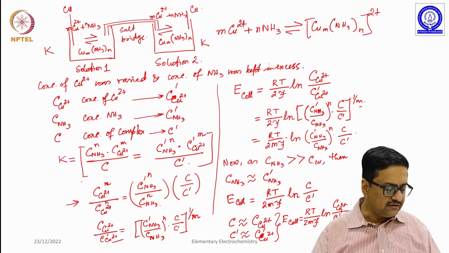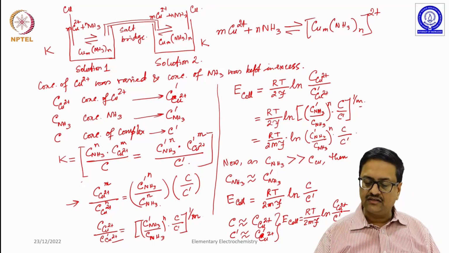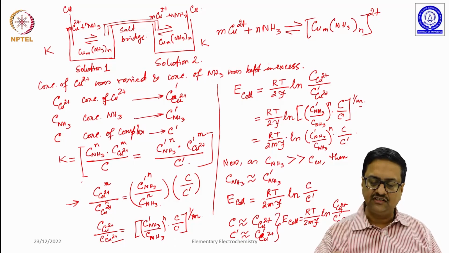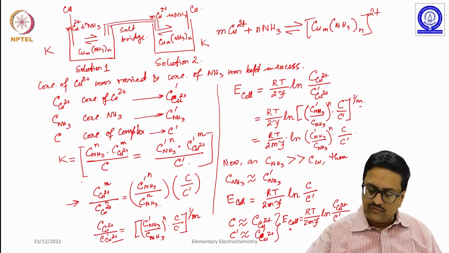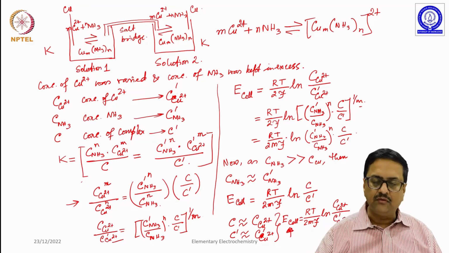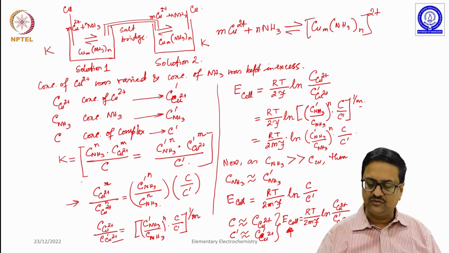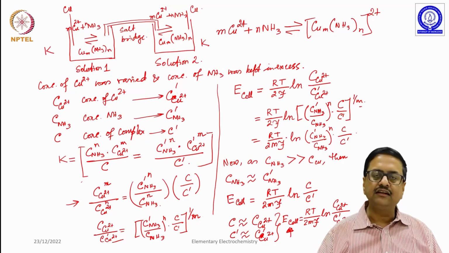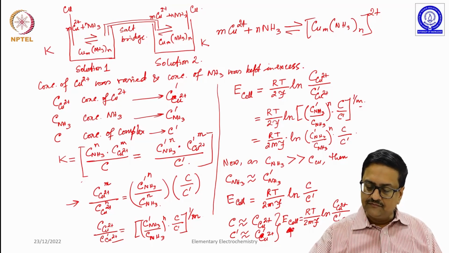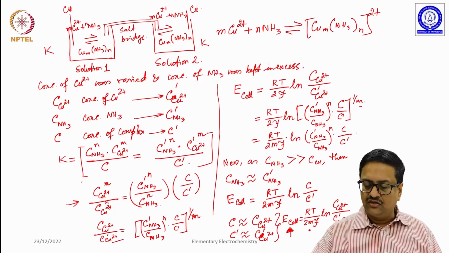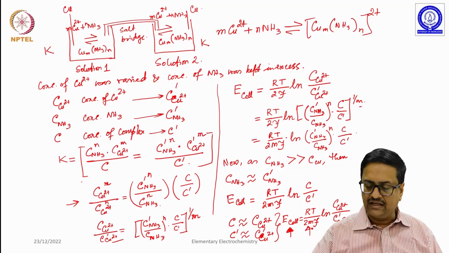Now, by fixing the concentration of Cu2+ in the two solutions, and by measuring the E cell using a potentiometer, or by coupling it with some other half cell, normally it is a potentiometer, one can easily determine the EMF of the cell, and by knowing the concentration of Cu2+, one can determine the value of m.